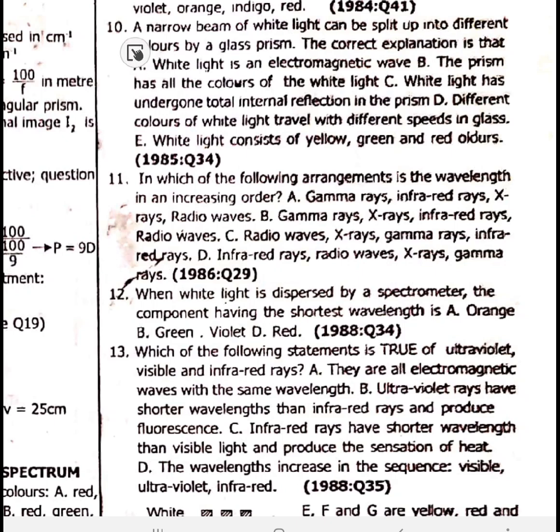A narrow beam of white light can split into different colors; we said ten is option D, different colors of light travel with different speeds in glass. Eleven, in which arrangement is the wavelength in increasing order? Gamma, X-ray, infrared rays, and radio wave. Twelve. When white light is dispersed by a spectrum, the component having the shortest wavelength is: violet, orange, green, violet, and red. Violet.